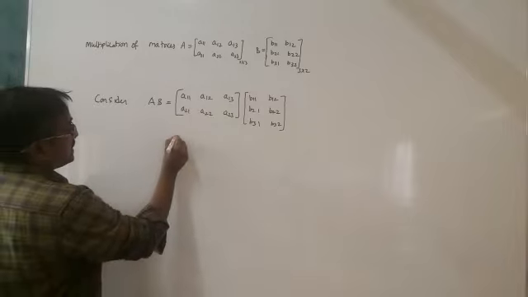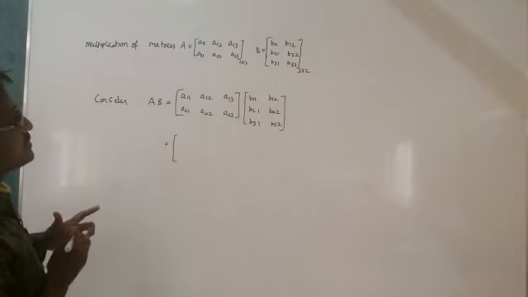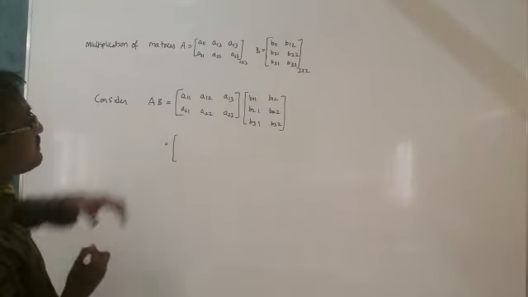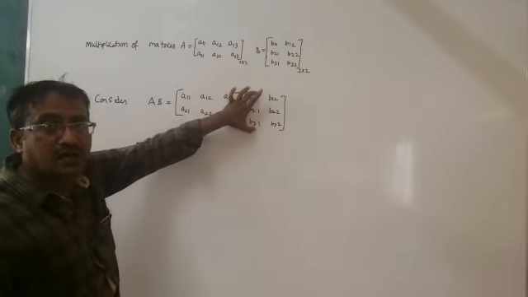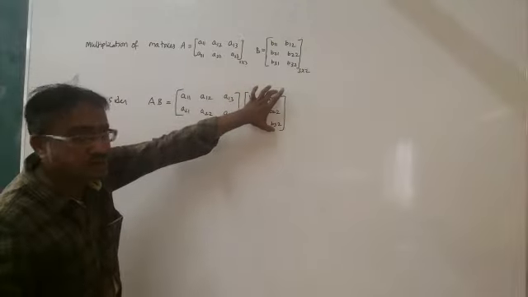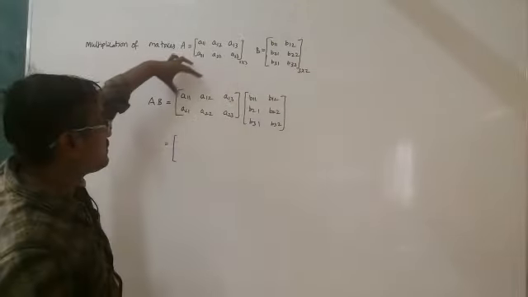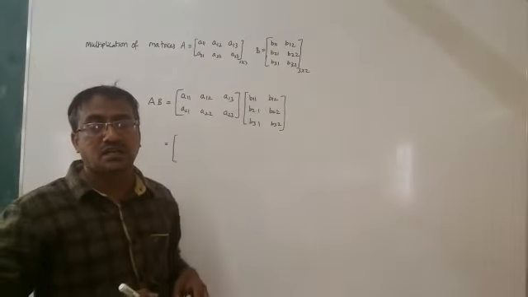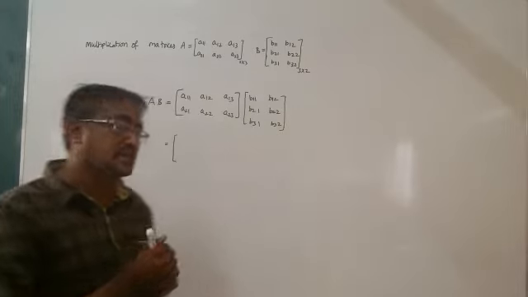Now to multiply these matrices, you need to multiply like this. First you have to take first row into first column. Again, first row into second column. If there is a third column, you need to write first row into third column. You need to multiply until the columns are completed.